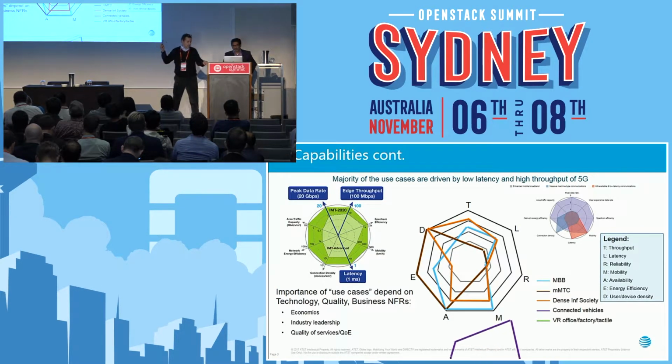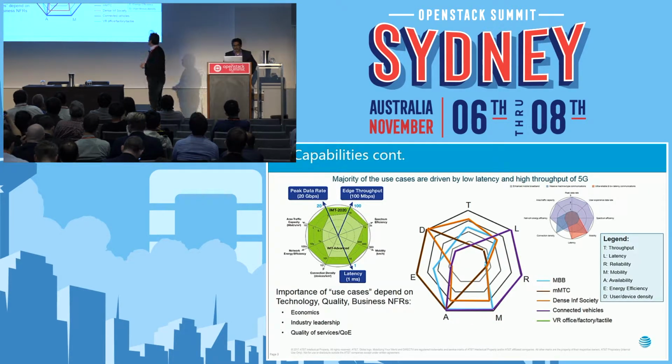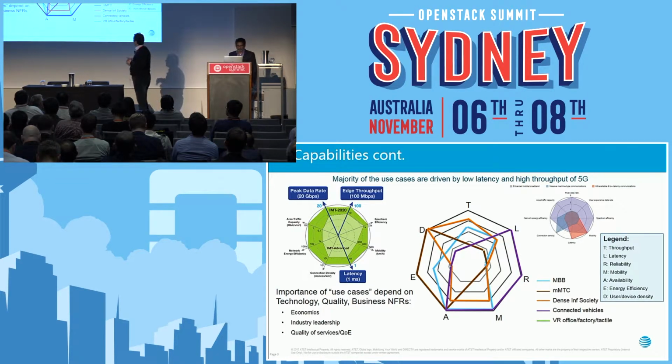And then you have obviously connected cars. Connected cars is a big use case. You hear about it all the time, and that requires a lot of extreme points of 5G, but some connected car applications do not require these extreme points.